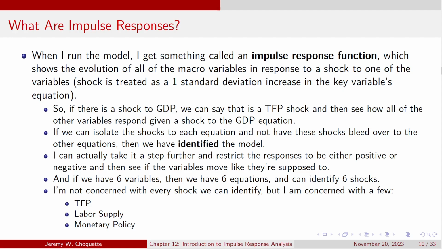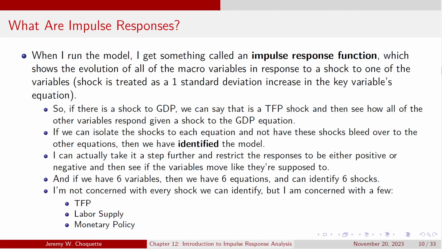If we can isolate the shocks to each equation and not have these shocks bleed over into the others, well, then we've identified the model. Identification of the model is like what we were talking about earlier, being able to tell the difference between 2 shocks. If you can tell the difference between a total factor productivity and a labor supply shock, well, then those shocks are identified. The model is identified. It's the same idea here.